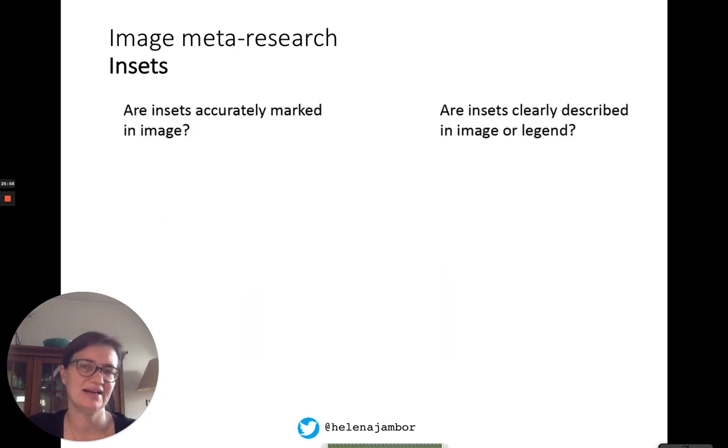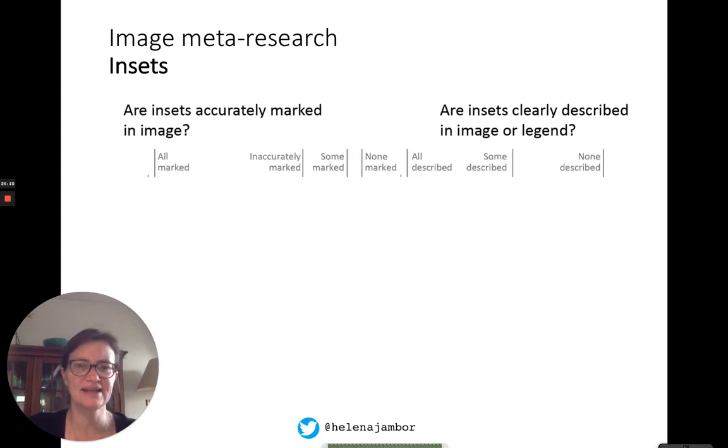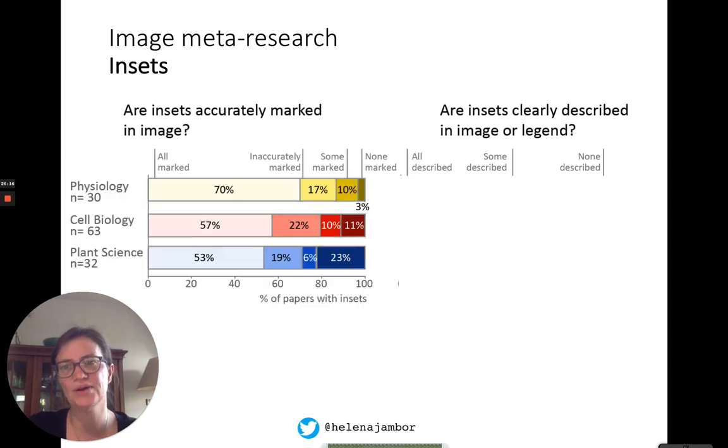And what we asked here is if the insets are accurately marked in the original image and if they are explained in the image or the legend. Again, we made a lot of distinctions that are maybe not quite relevant right now.